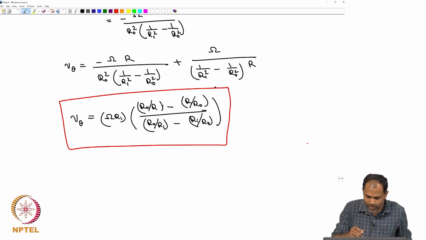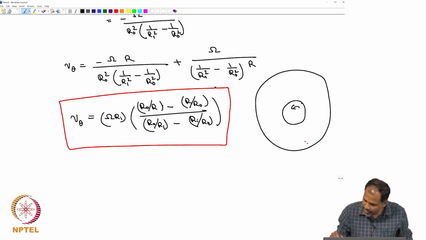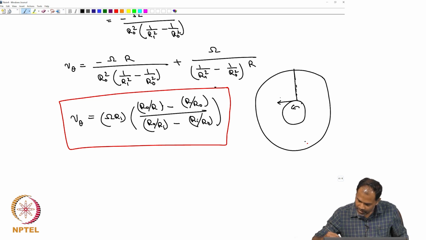In fact, if you plot it, if that was the inner cylinder and that was the outer cylinder, and the inner cylinder is rotating, you will see that the velocity at that point would be something of that sort, and then it should become 0 and it would decay like that.